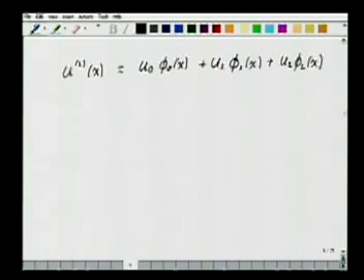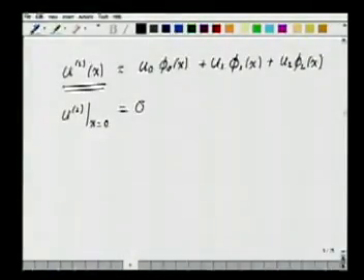Now, what do we want our functions to do? Because we are still in the regime of the Rayleigh-Ritz method, we want this u2 at the point x equal to 0 to be equal to 0. My series solution has to satisfy the specified geometric boundary conditions.